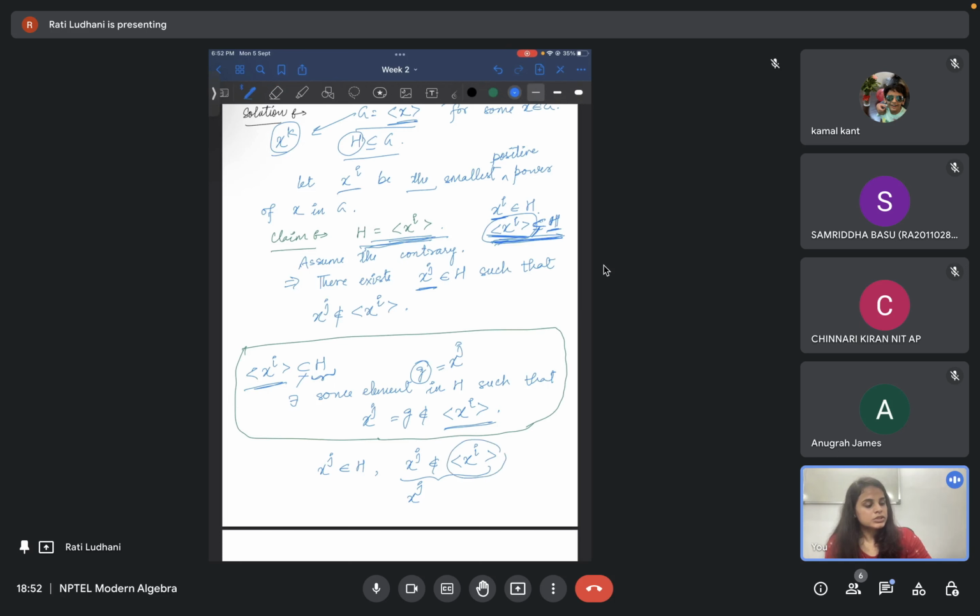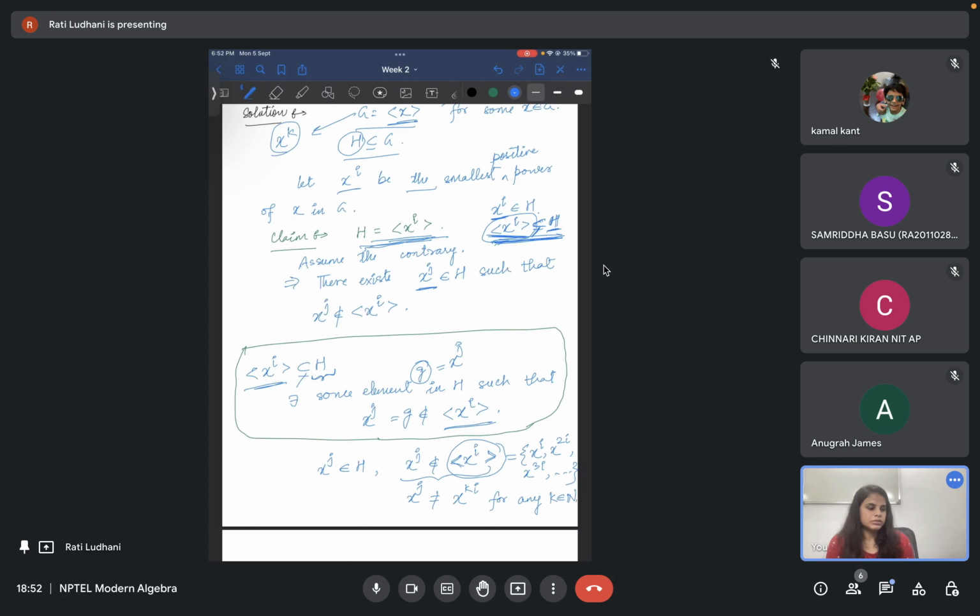This means x raised to power J is not equal to any element of this generated set, which is itself x raised to power I, x raised to power 2I, x raised to power 3I, like this. So x raised to power J is not equal to x raised to power Ki for any k, right? This must be true for any k in maybe natural number or whatever you want to say.